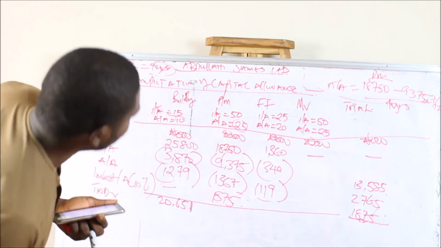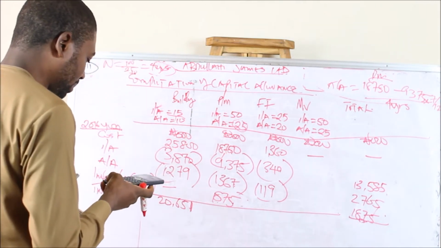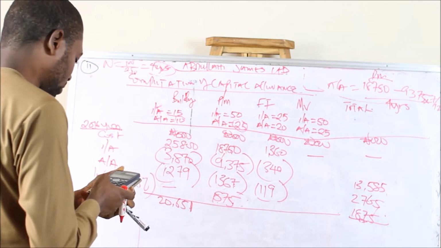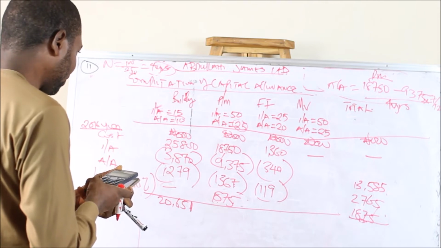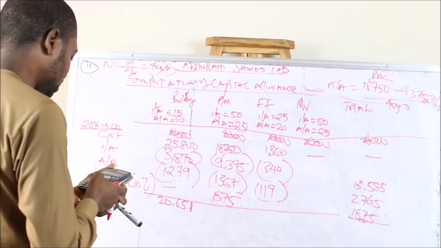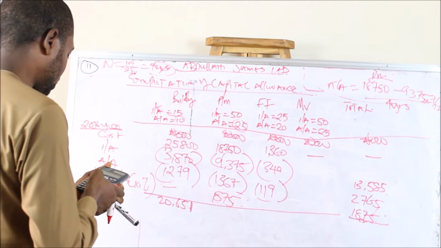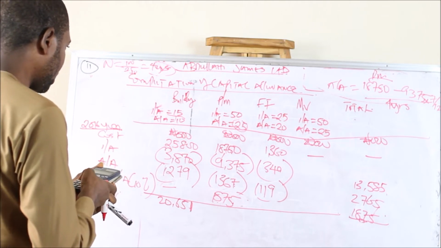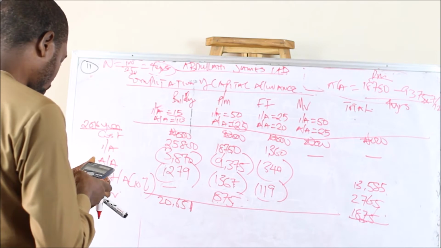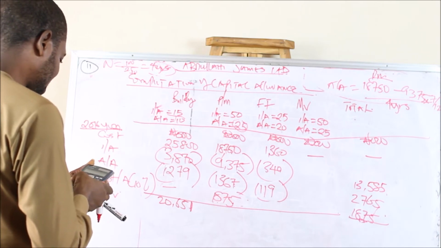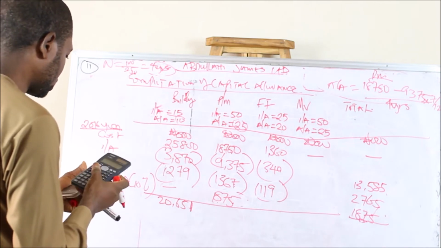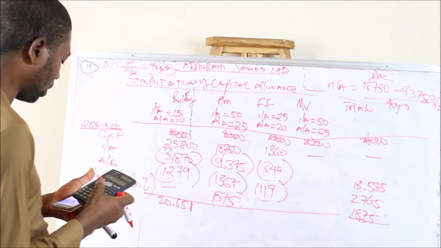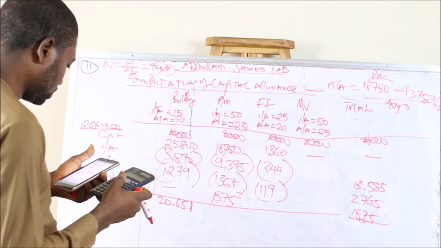So let's go now and determine our tax written down value for the plant and machinery. We're going to say 18,750 minus 9375 minus 1367 to give us 8008.